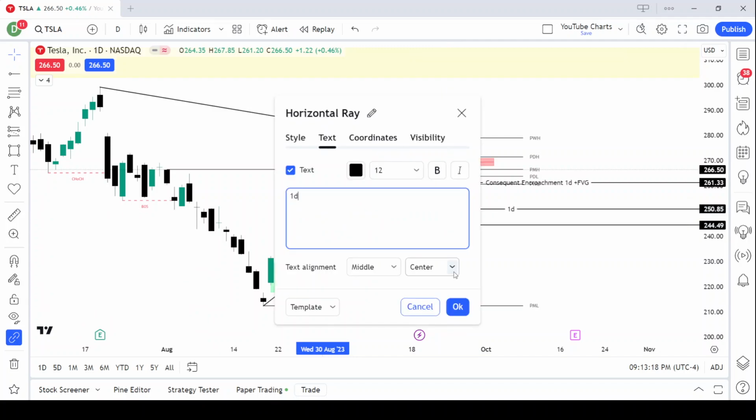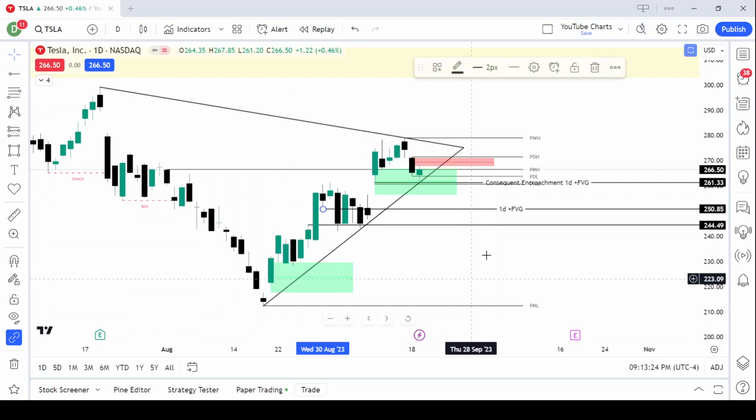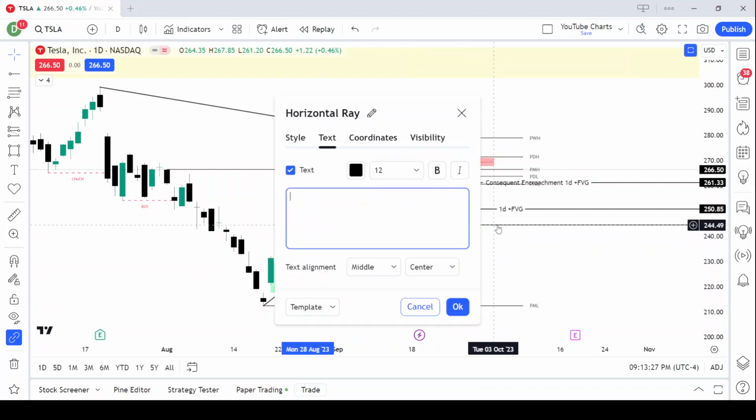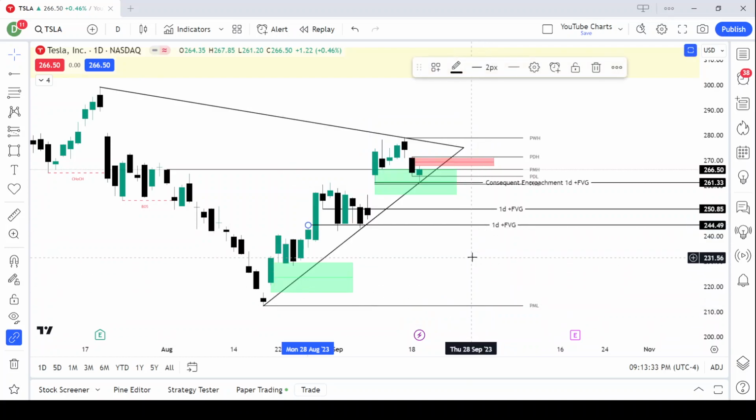So 1 day fair value gap. Same thing here. And it's a bullish fair value gap, so we use a plus to annotate that. Okay, so we do know that there's a fair value gap here as well. So that's something we're going to be watching for.